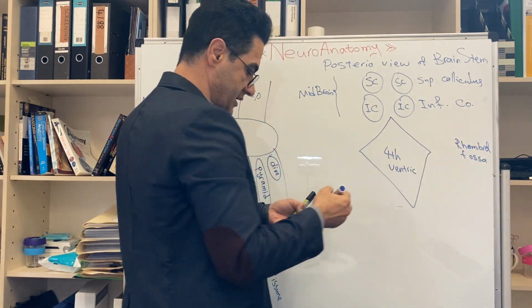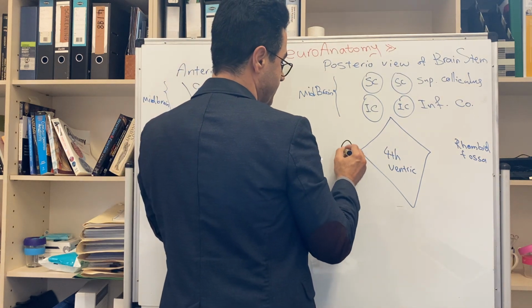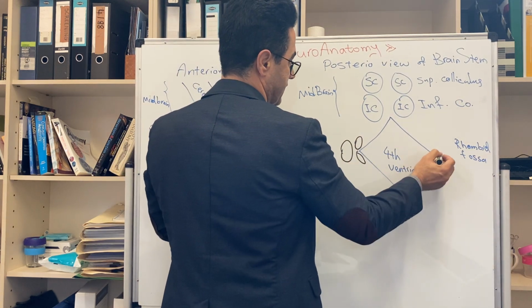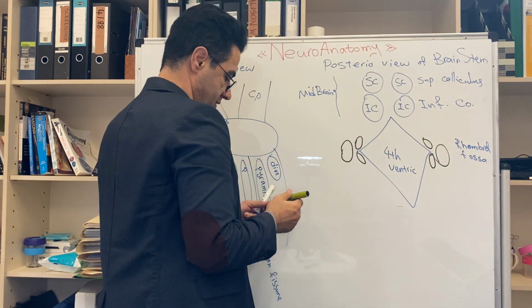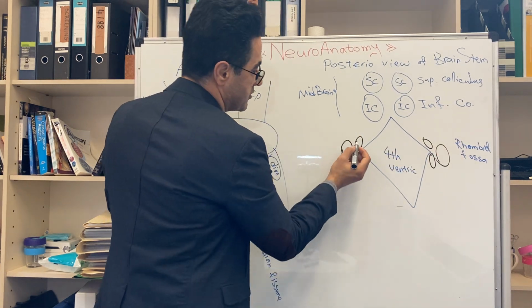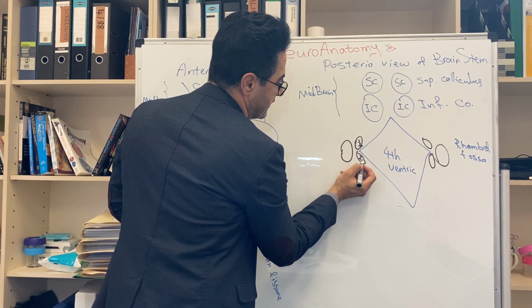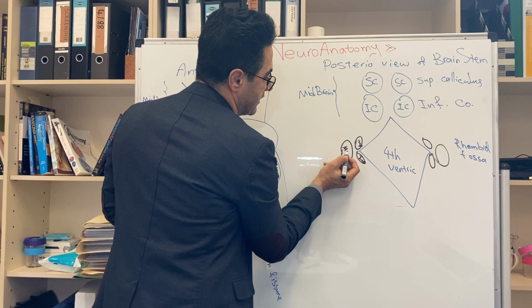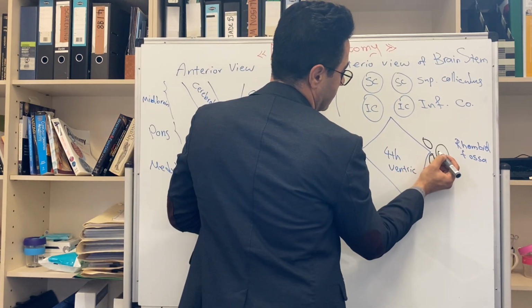On either side of the rhomboid fossa, you can find three bumps. One of them is the biggest one on the lateral, the other one is the small. So this one is the superior cerebellar peduncle, inferior cerebellar, and the biggest one is middle cerebellar.